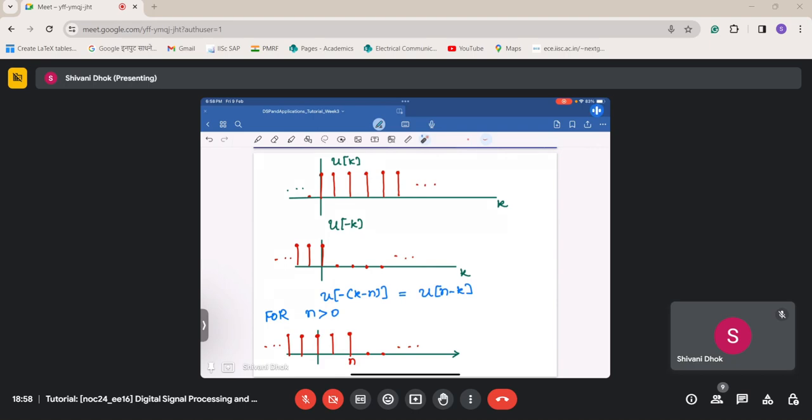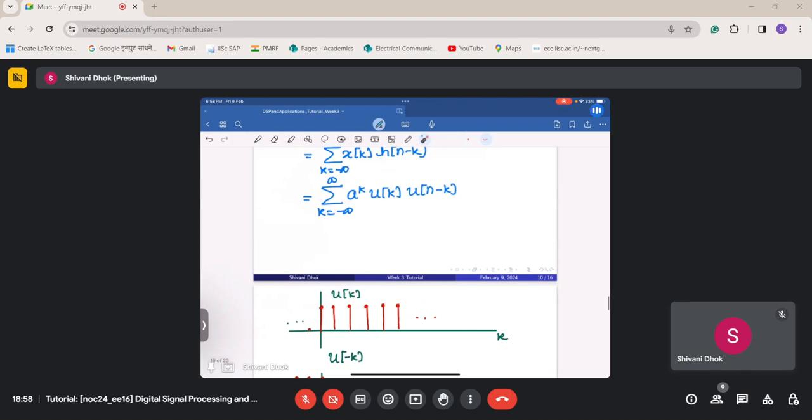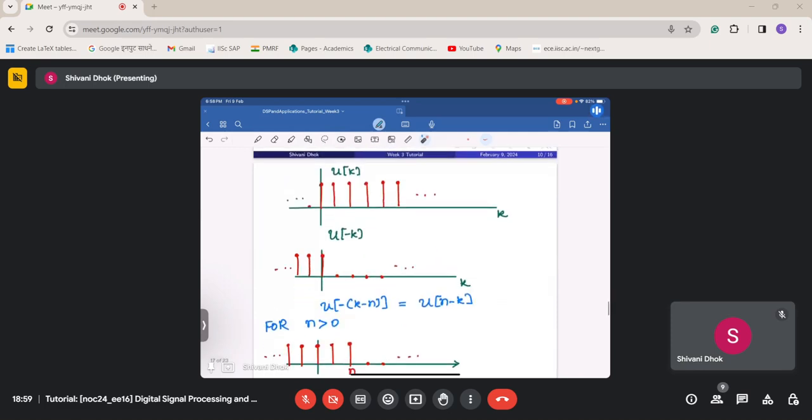Yes. So therefore, the limits of this summation now I can replace from 0 to n, and I can do away with this particular multiplication. When will it be true? Only when my n is greater than or equal to 0.